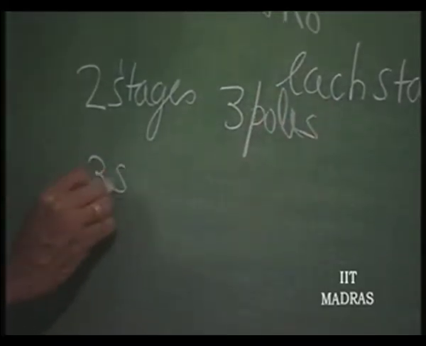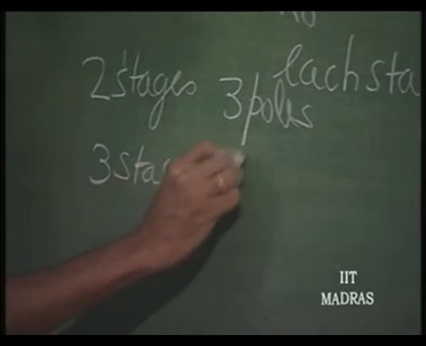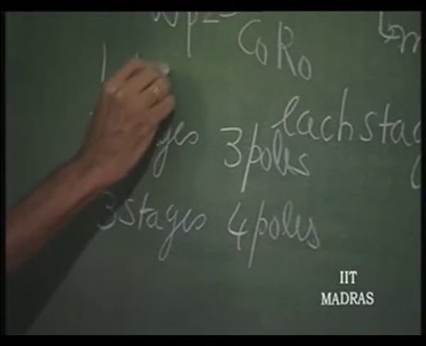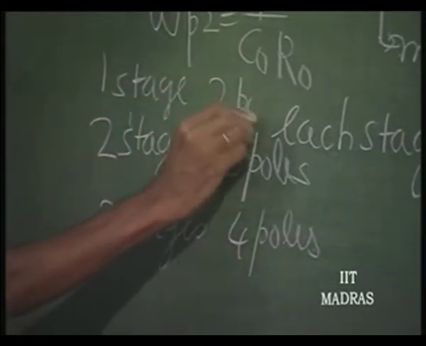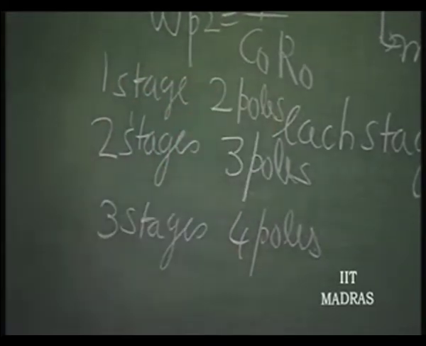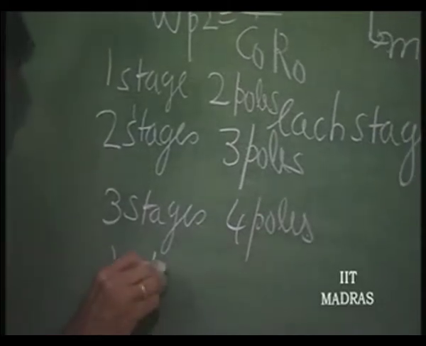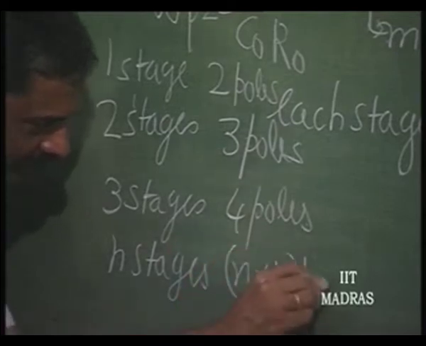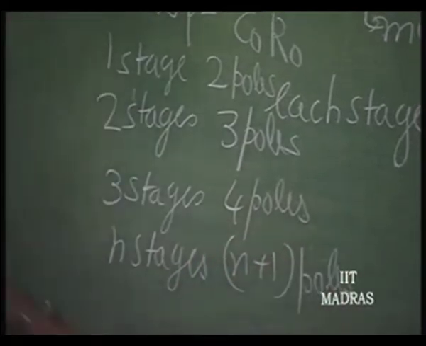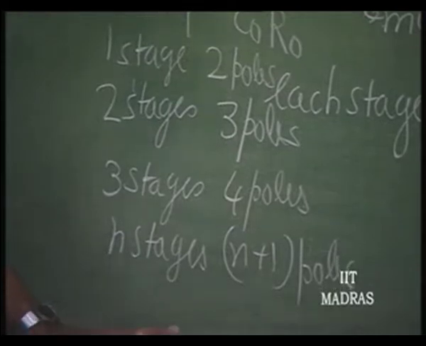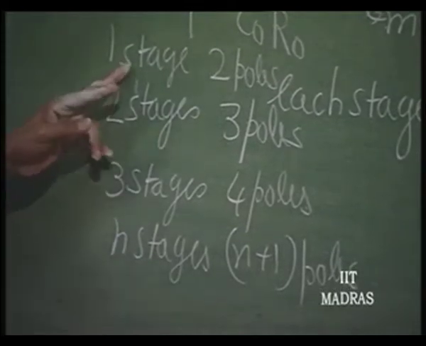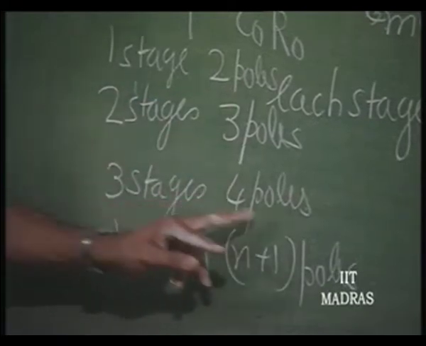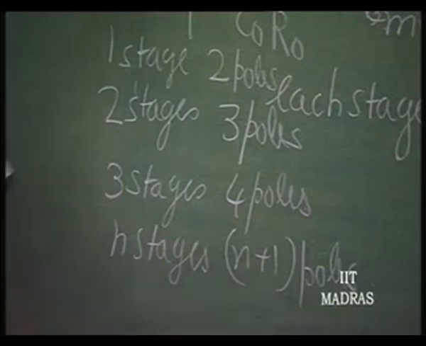If there are 3 stages, there will be 4 poles. If there is 1 stage, there is likely to be 2 poles. So, n stages will have at least n plus 1 poles. Other frequency dependent factors may increase the number of poles. The minimum number of poles: one stage will be 2 poles, 2 stages will have 3 poles, 3 stages will have 4 poles, n stages will have n plus 1 poles.